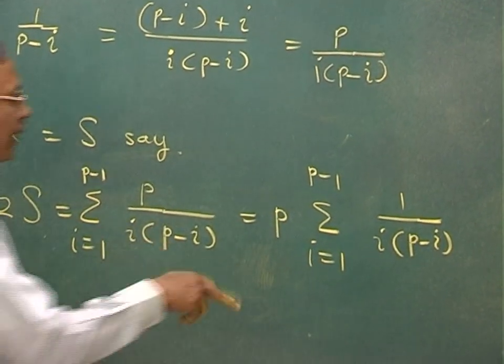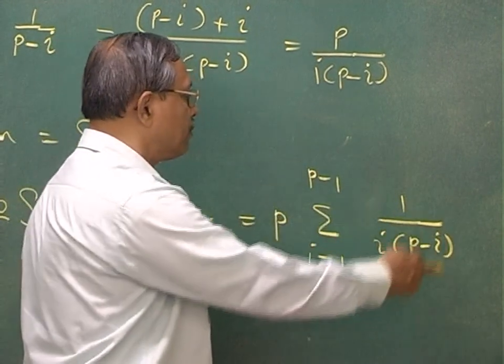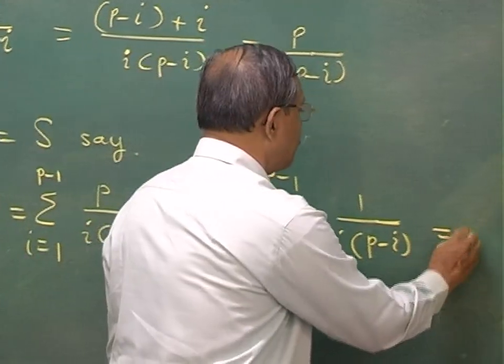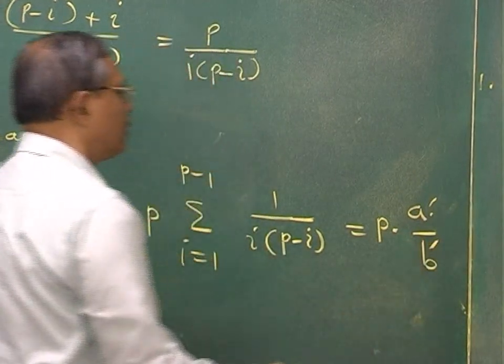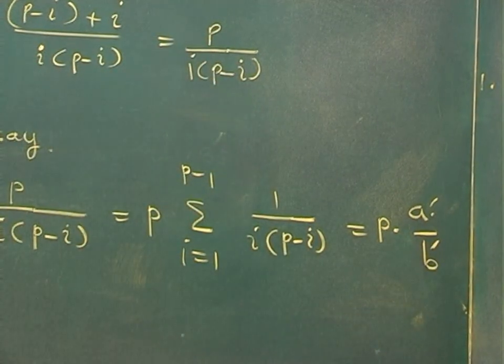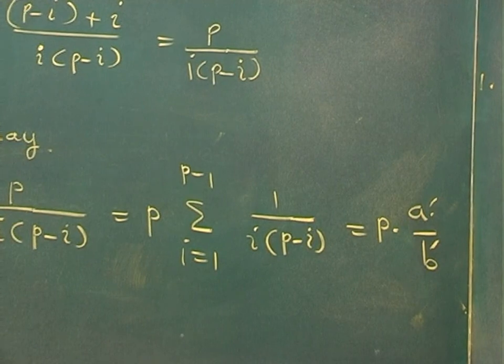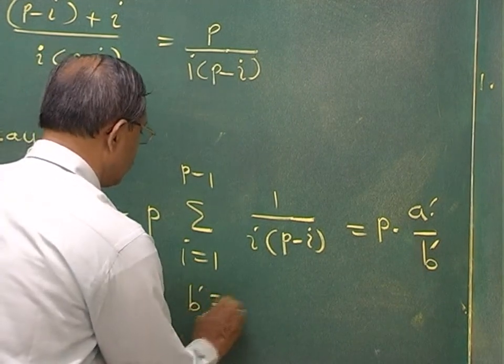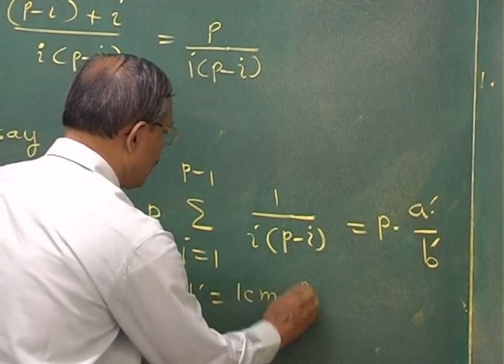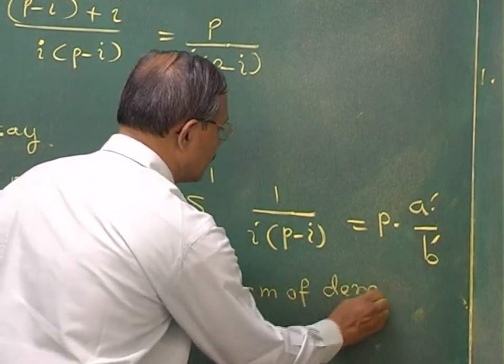If you simplify, this is some rational number. This is p into, let us say, a dash upon b dash, where b dash is the LCM of all denominators.